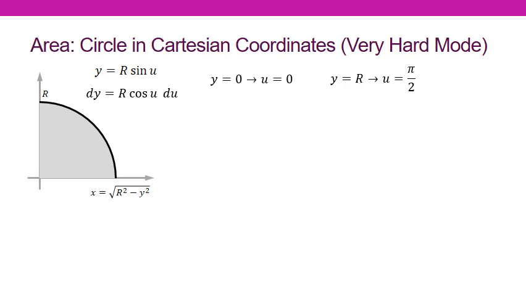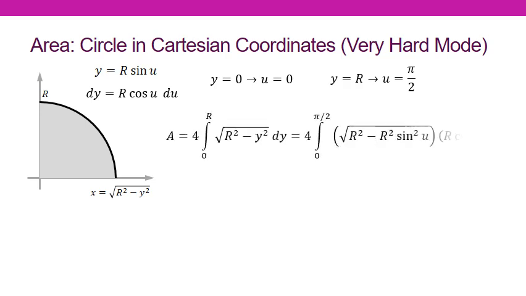Now I make my substitutions. Under the radical where I had y squared, I'm now going to have r squared sine squared of u. And where I had dy, I'm going to have r cosine u du.